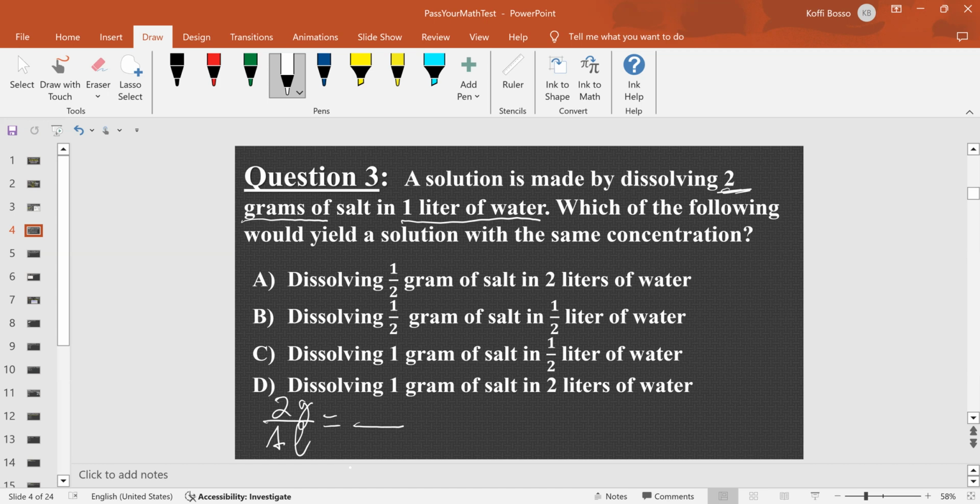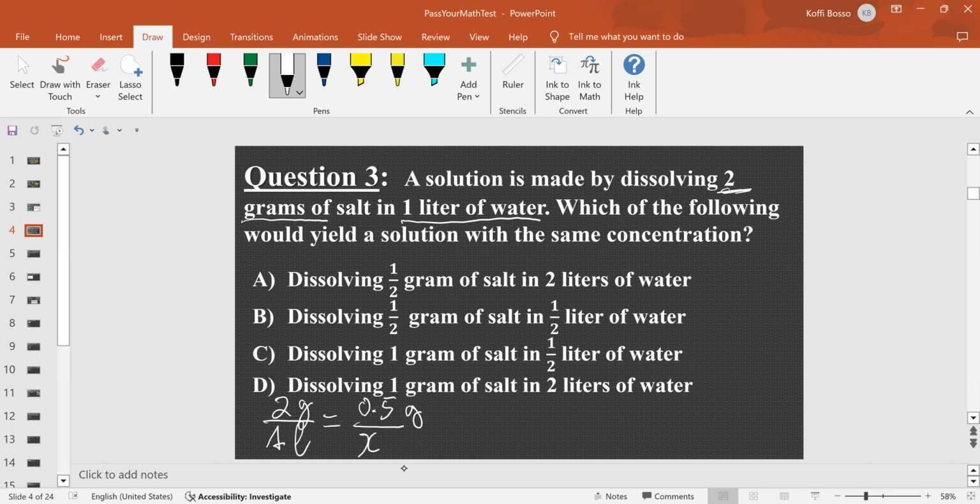So in case we have 1/2, that 1/2 is same as 0.5 gram. How much liter of water we need? For that, we'll try to figure that out. So let's put x there.